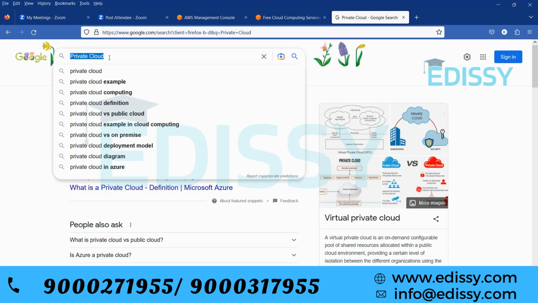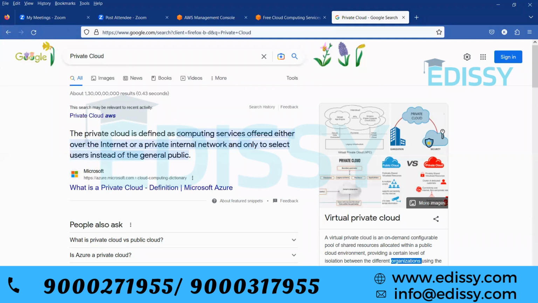So private cloud is basically a cloud concept, but available to the organization. So when you consider the company you're working for, they will have their cloud concept maybe applicable only in their company. That means if you go beyond the company, you will not be able to access those cloud services.